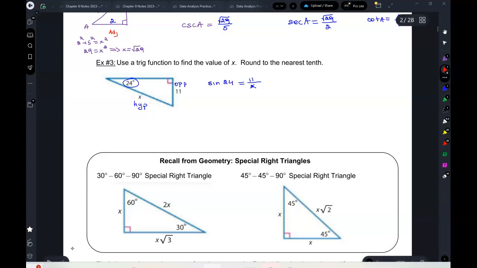So now multiply both sides by x. So x sine 24 equals 11. X equals how much? 11 over sine of 24. Now go ahead and take out your calculators.